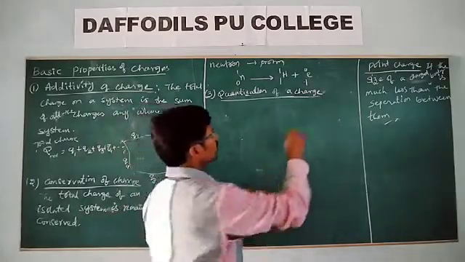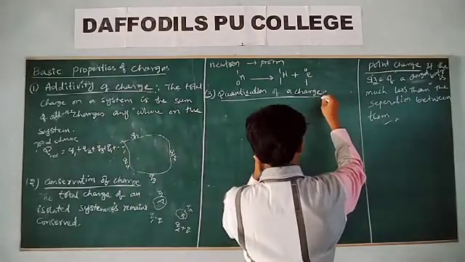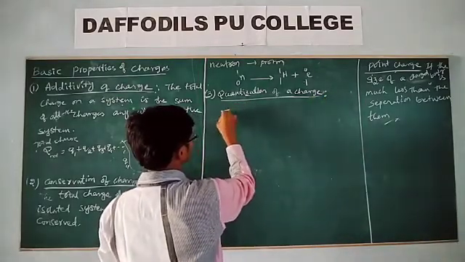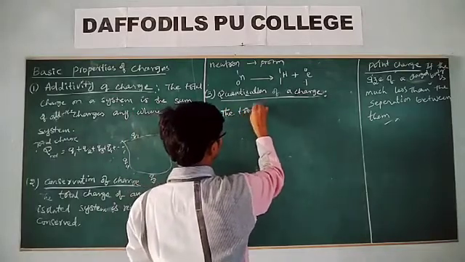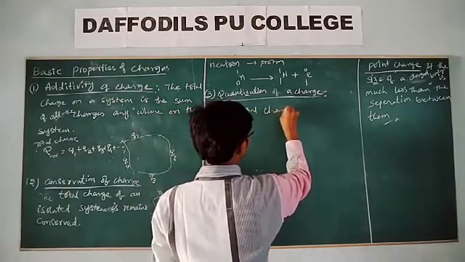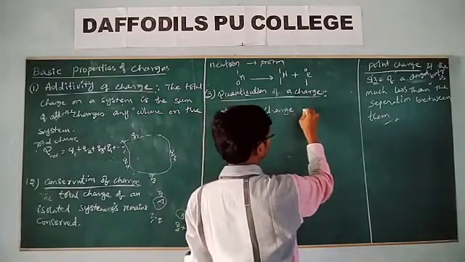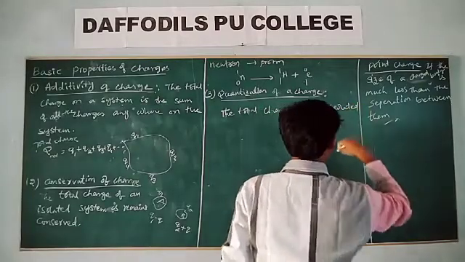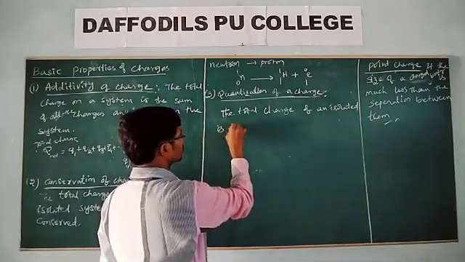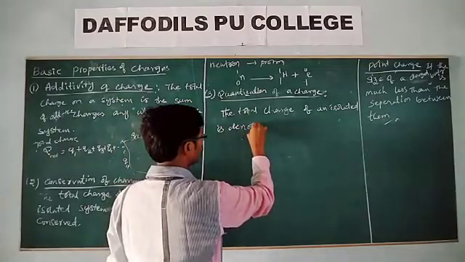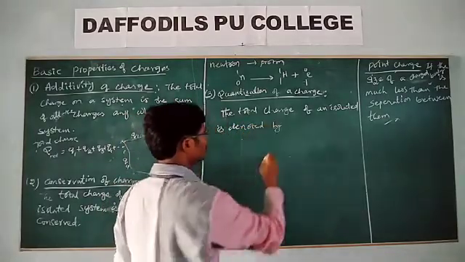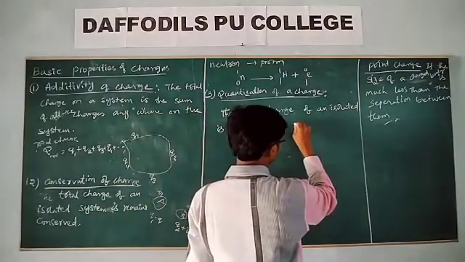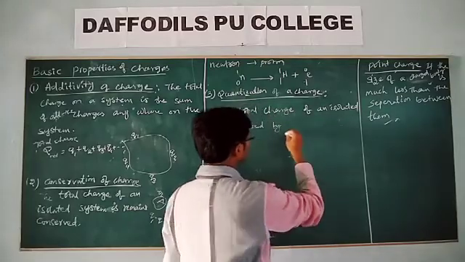Okay? That means all free charges are denoted by the total charge or net charge. Total charge of an isolated system is denoted by multiples of the basic unit.